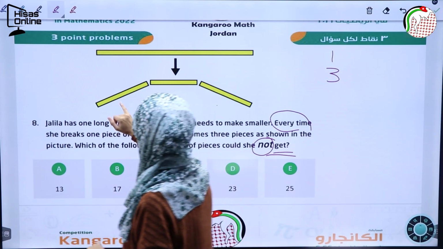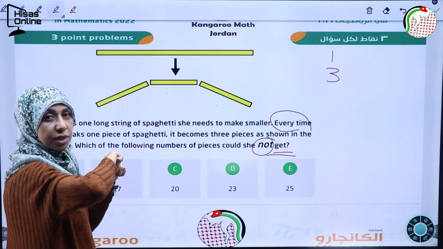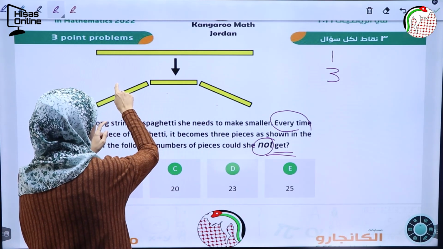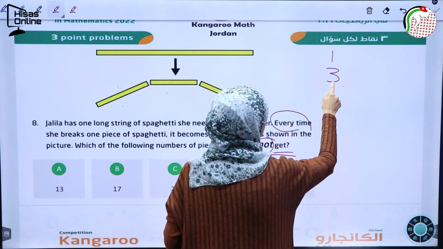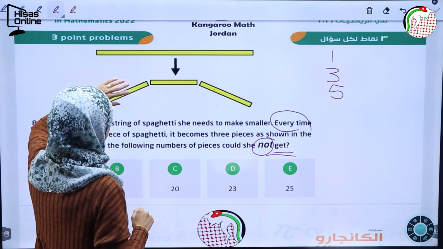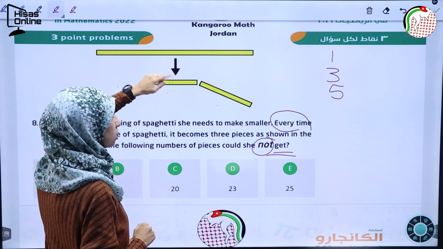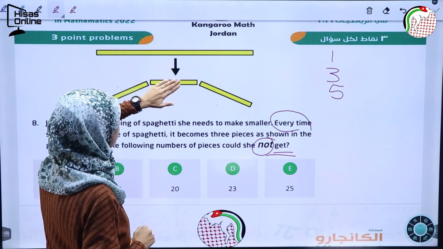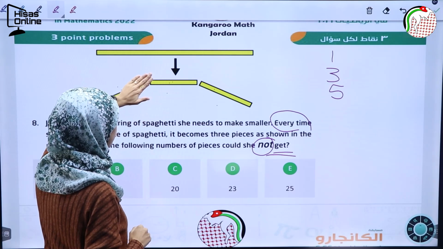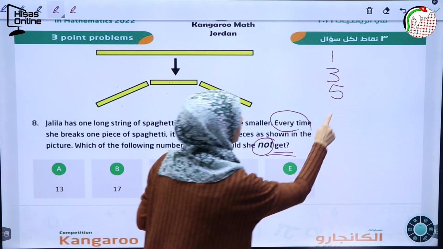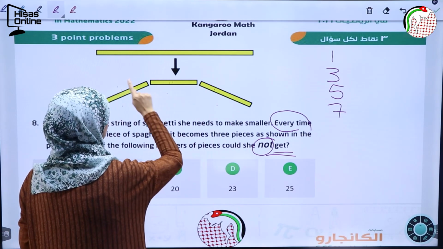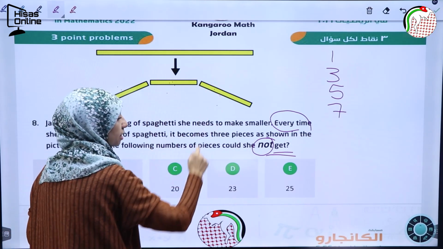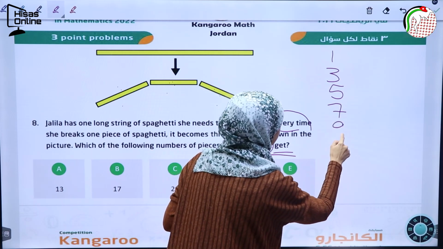If she cut one of these into pieces, this will be 3 and 1 and 1, so 3 plus 1 plus 1 makes 5. But if she cuts another one, 3 plus 3 equals 6, plus 1 equals 7. If she cut all of those pieces, 3 plus 3 plus 3 makes 9.